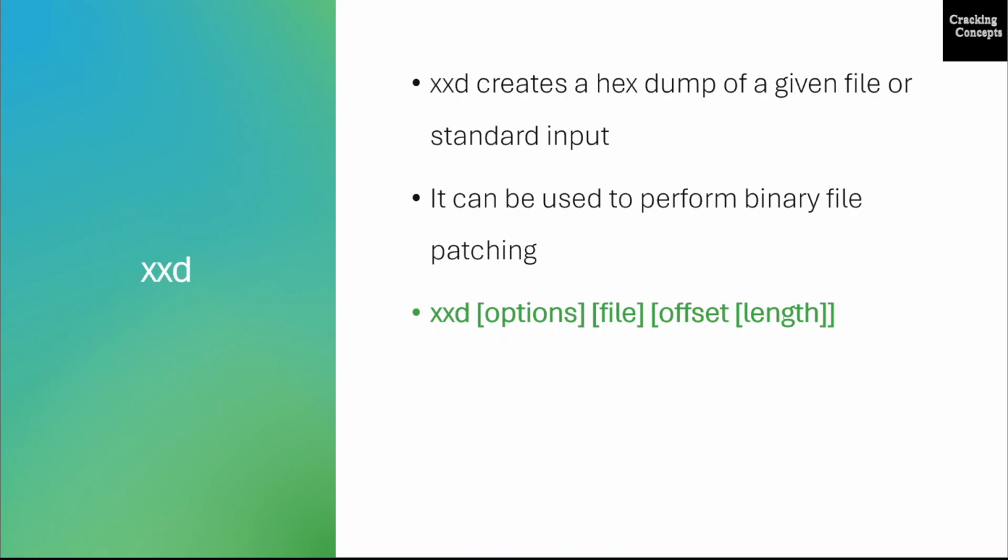If no infile is given, the standard input is read. If no outfile is given, the results are sent to the standard output. The format is xxd followed by options, file, offset and the length, offset being the start at a specific byte offset and the number of bytes to dump.